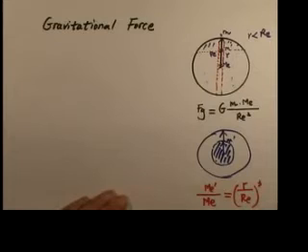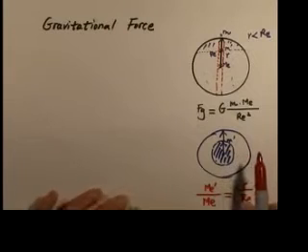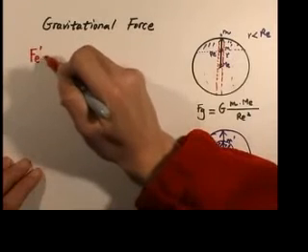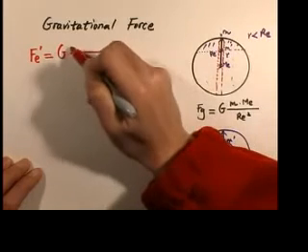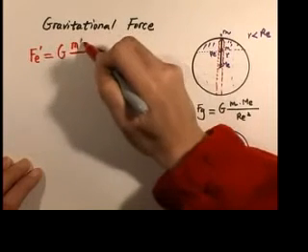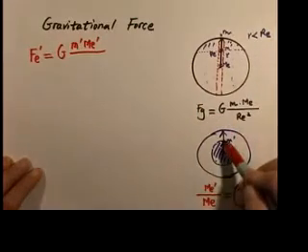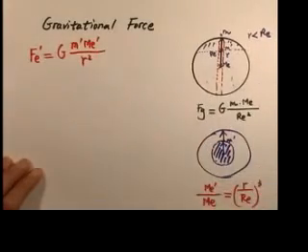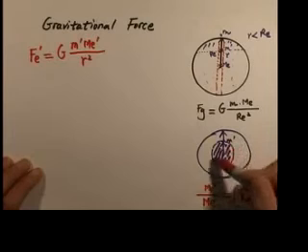Therefore, the force between m prime and this core can be easily written as F_E prime equals capital G, this little mass m prime, M_E prime, divided by r squared. Right now m prime is outside of the core, and the radius of the core is r, so we still treat the situation as the first one, because m prime is outside this core, so the gravitational force actually comes from this core.